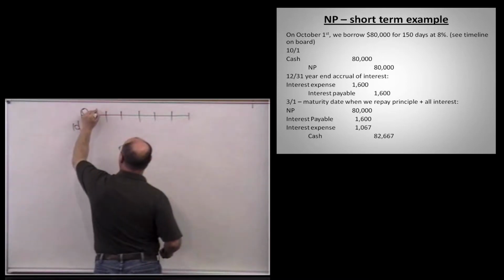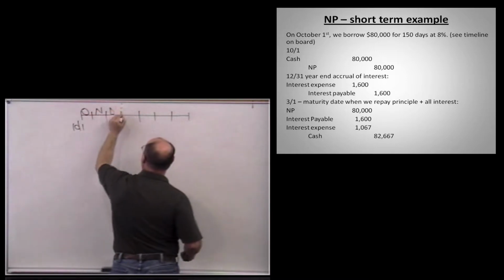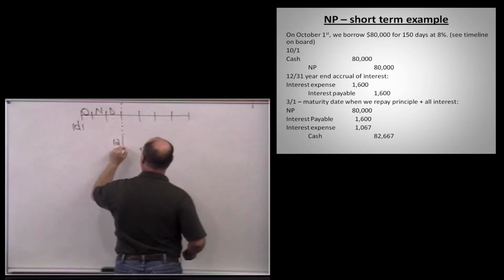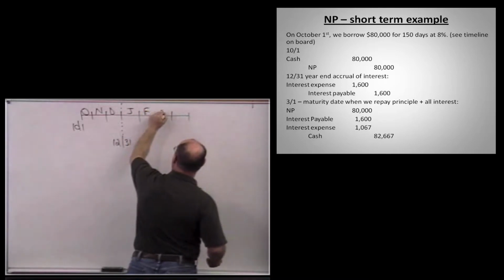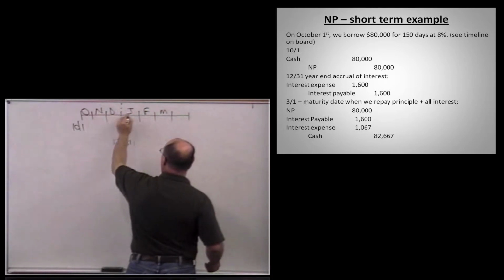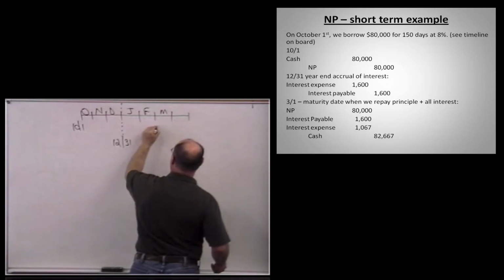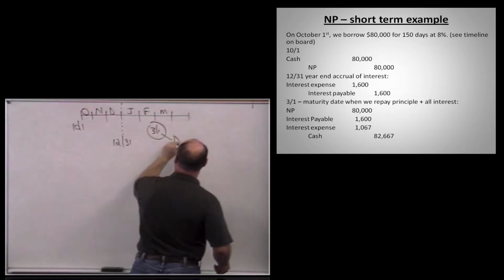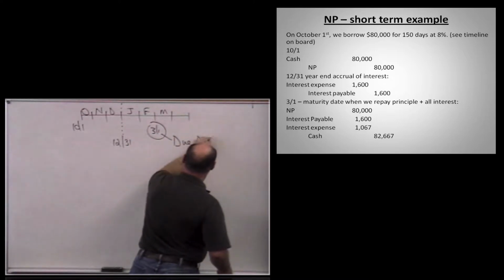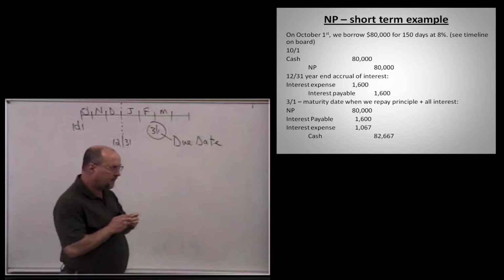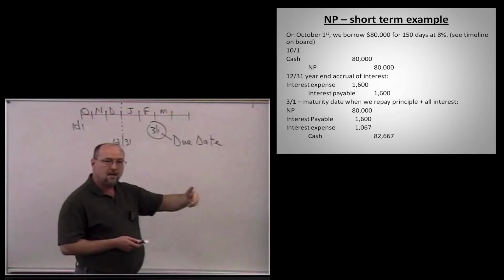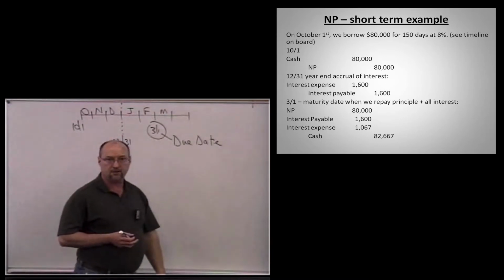October, November, December. Here's December 31st, end of the year. January, February, March, 1, 2, 3, 4, 5. So March 1st is the due date or the maturity date. And on the maturity date, we're going to pay back the full $80,000 plus 5 months interest.